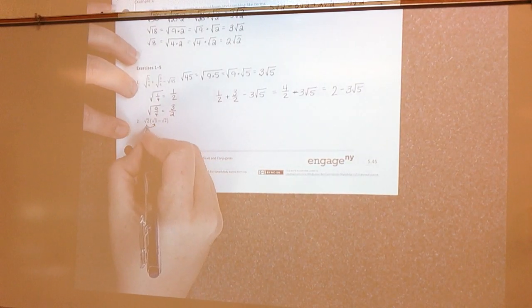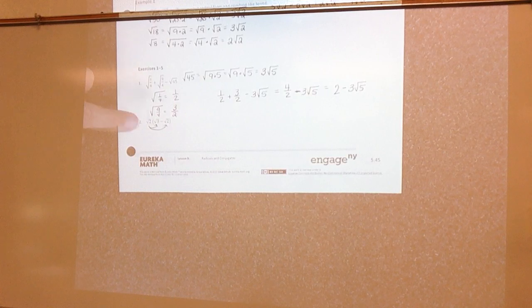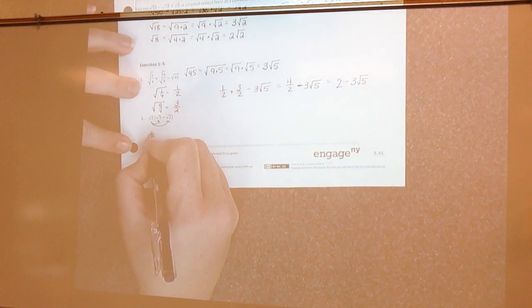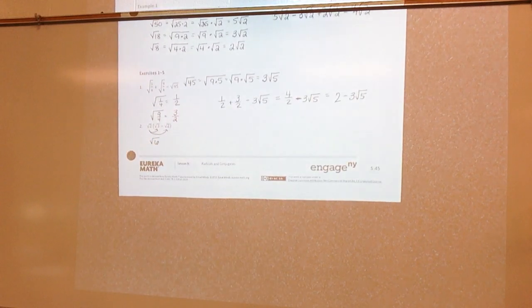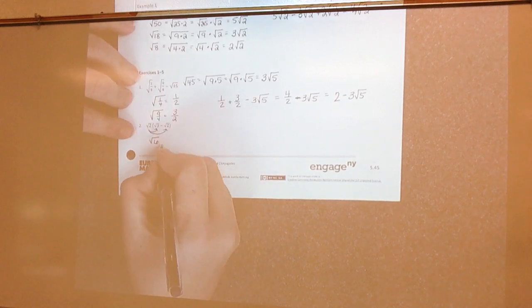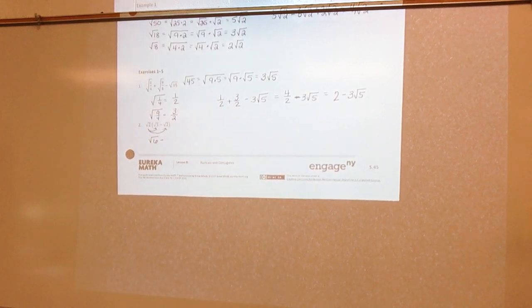Guys, distributive property. Square root of 2 times the square root of 3 is the square root of 6. Okay? Square root of 2 times the square root of 2: when I multiply the same square roots together, that gives me the square root of 4, which is 2.